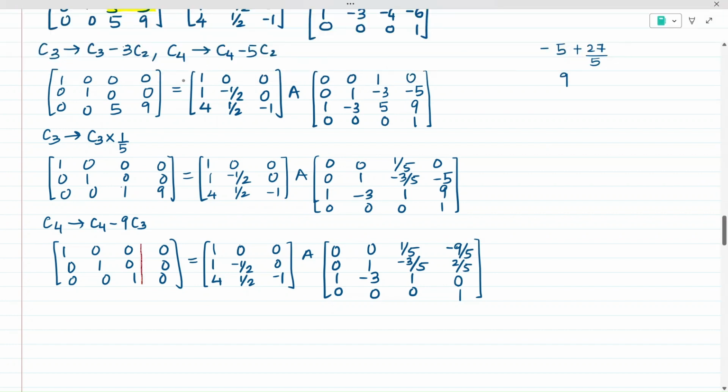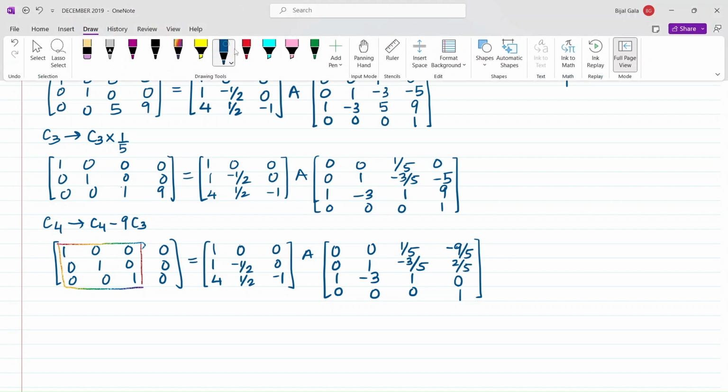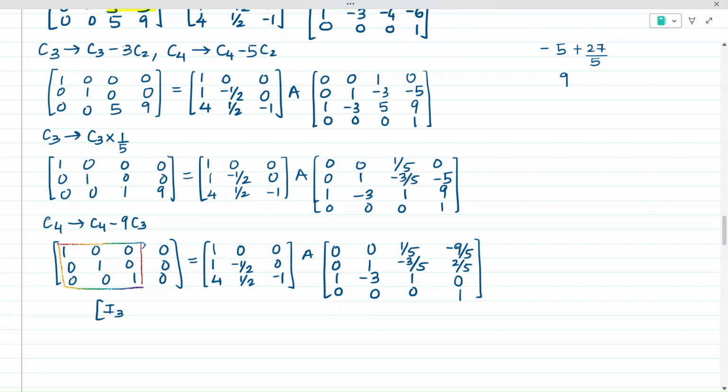Observe this part. This is the identity matrix of order 3. So I'll write the left-hand side as I3 with zeros here.